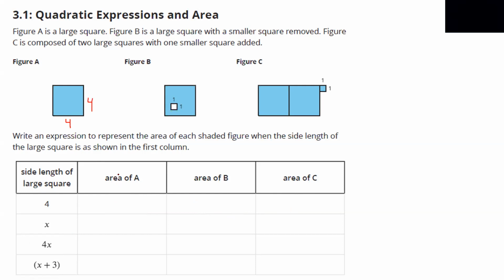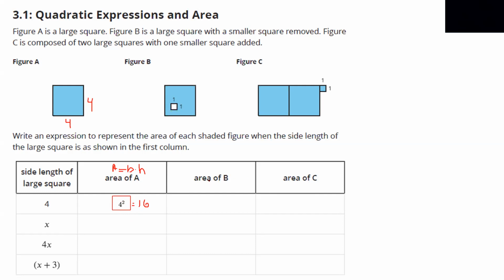And we know that the area of a square is always the base times the height. If we multiply base times height, we get 16, because 4 squared is equal to 16. So they want us to write it as 4 squared in this case.